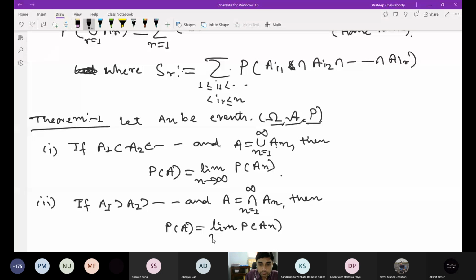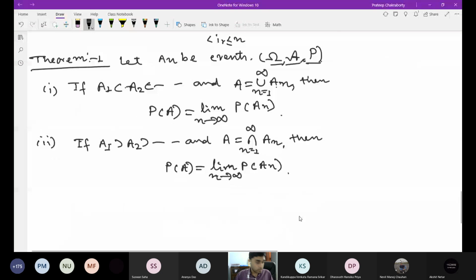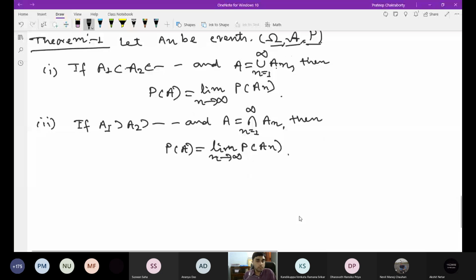I am saying again there is no connection with the continuity of analysis, only that this looks like a continuous function at the point A. So we say these are continuity theorems. We are not proving these things. Now we shall go to the next example or exercise.